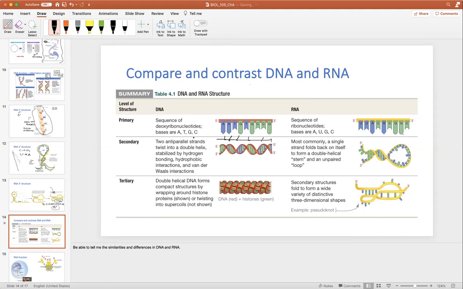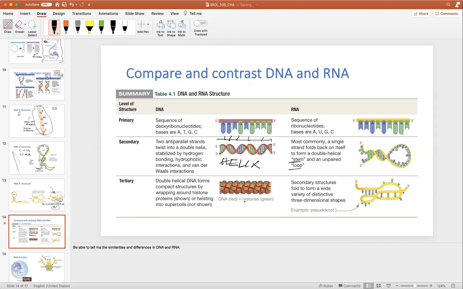Secondary structure is our two anti-parallel strands that twist into our double helix, okay? The most common secondary structure that you would find in RNA is called a stem and loop, okay?